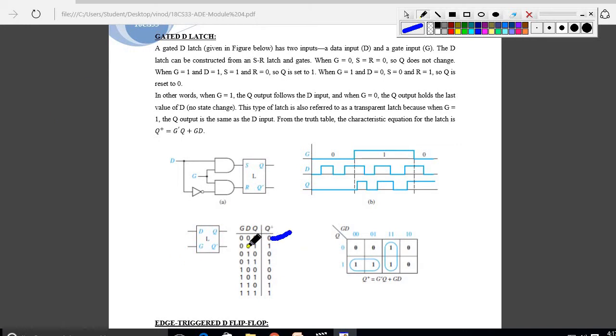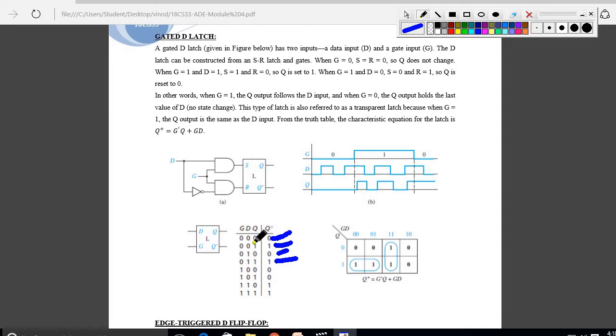Next, the 0 1 condition: if D is 1 and G is 0, again I write the previous value, because only when G is 1 do I not simply hold the previous value. So for 0 1, again Q is the previous value.